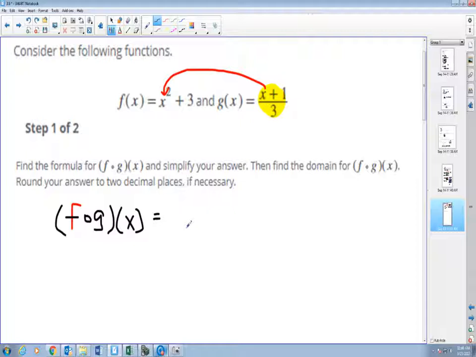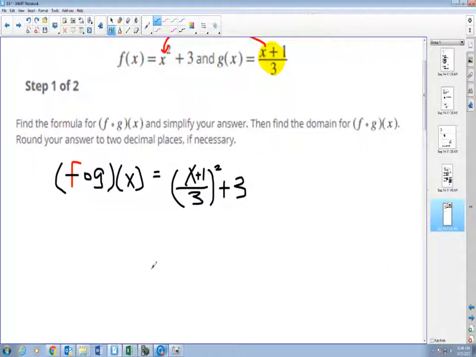Now you will say (x plus 1) over 3, whole thing squared, plus 3. Okay, and simplify your answer. Now this is not as bad as it seems, because this is not really a rational function right now.